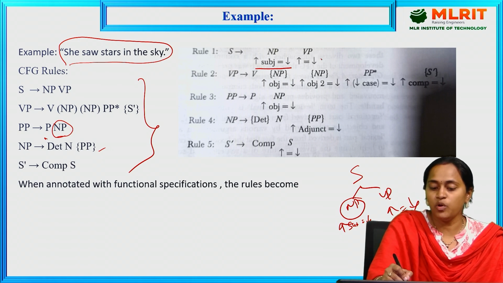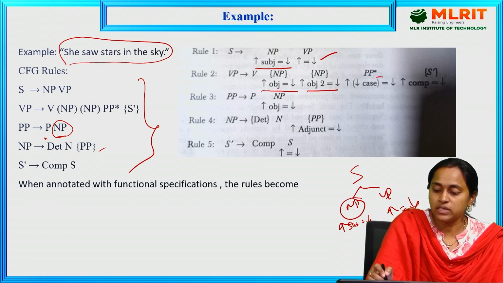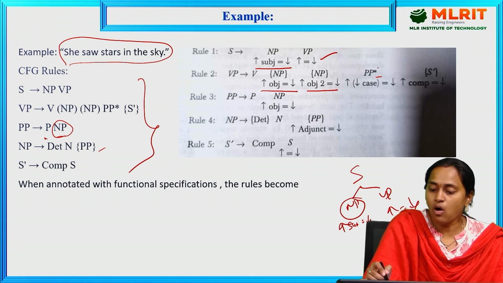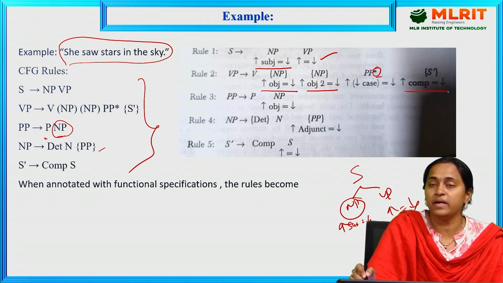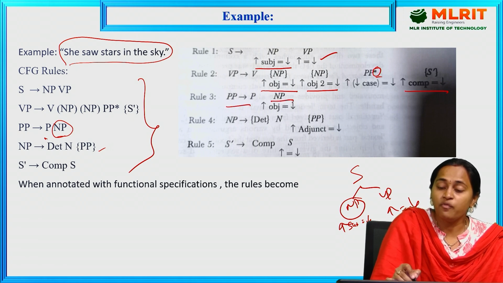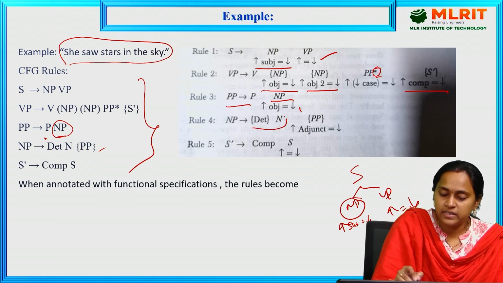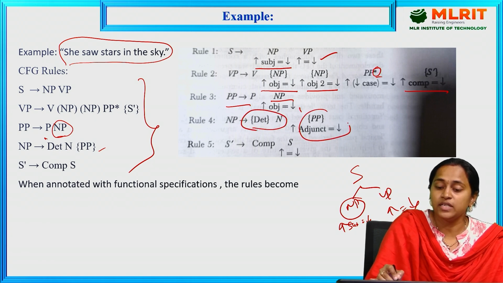This is rule 1. What is rule 2? The verb contains a noun phrase, that is the object, and the prepositional clause. Here complementary means complement. Rule 3: the prepositional phrase contains a preposition on the left side and a noun phrase on the right side. Rule 4: the noun phrase contains a determiner on the right side and a prepositional phrase adjacent on the left side.